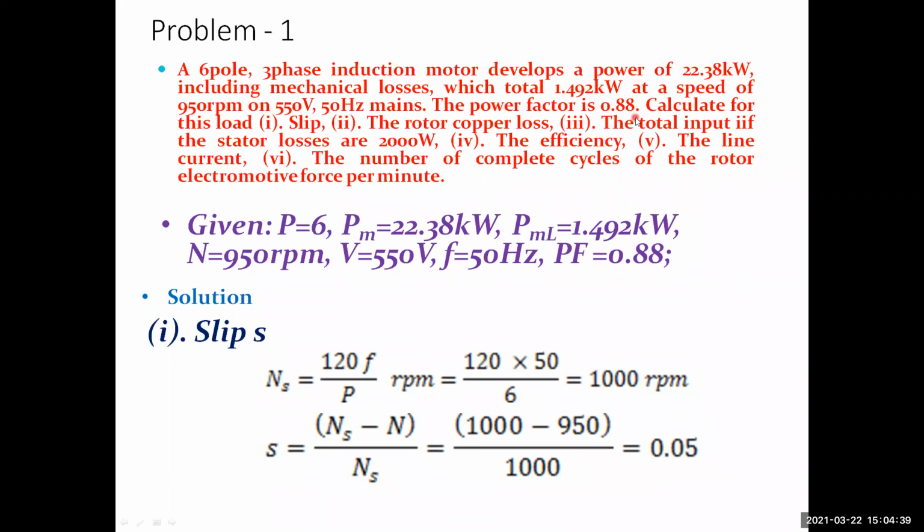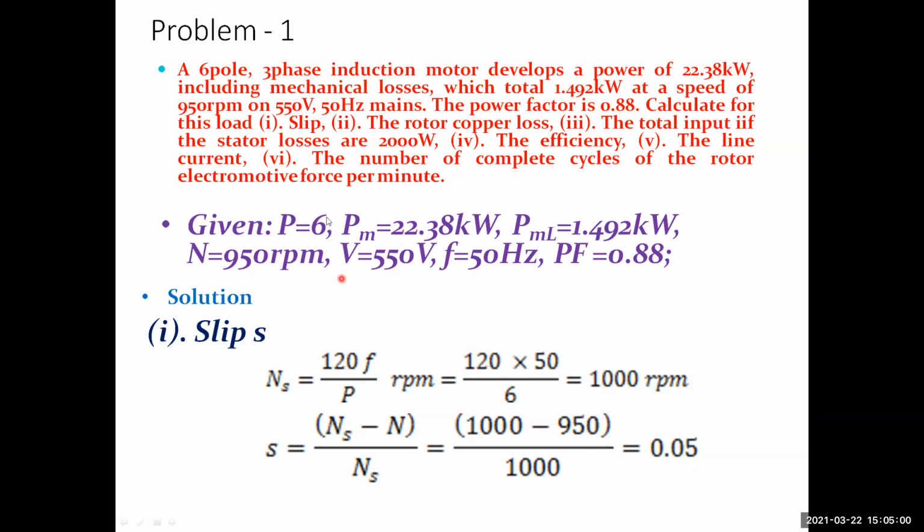The power factor is 0.88. Calculate the slip, rotor copper losses, rotor input. If the stator losses are 2000 watts, that means 2 kilowatts, the efficiency, the line current, and the number of complete cycles of the rotor electromotive force per minute.